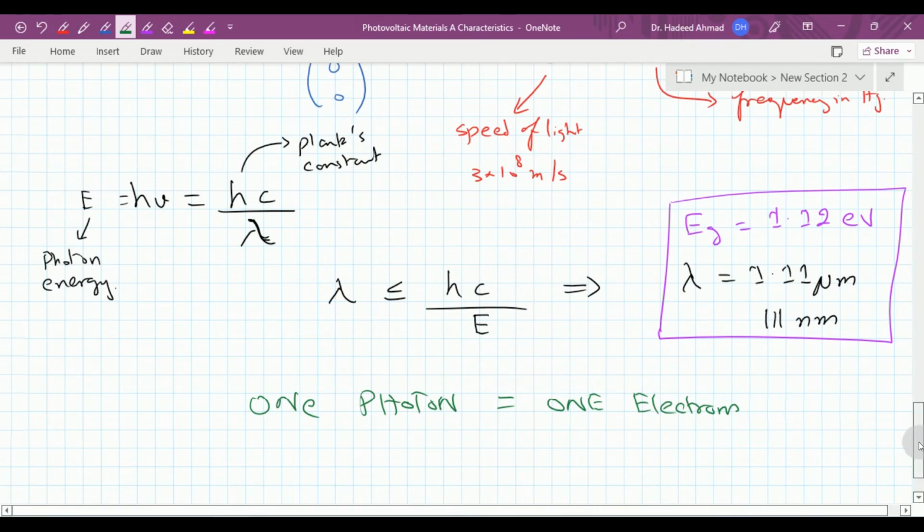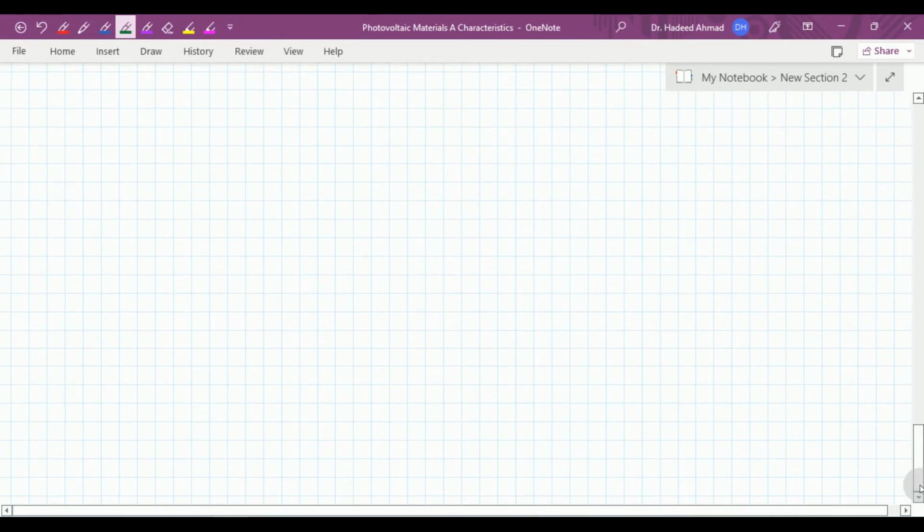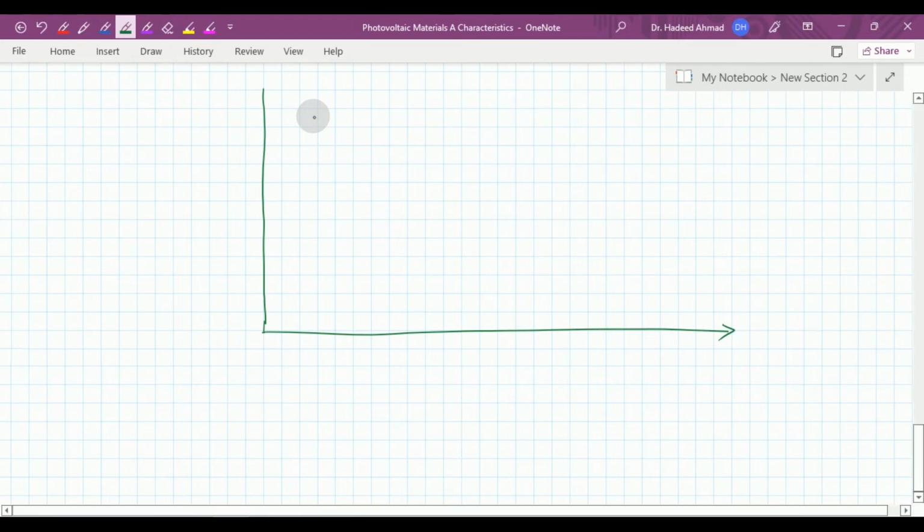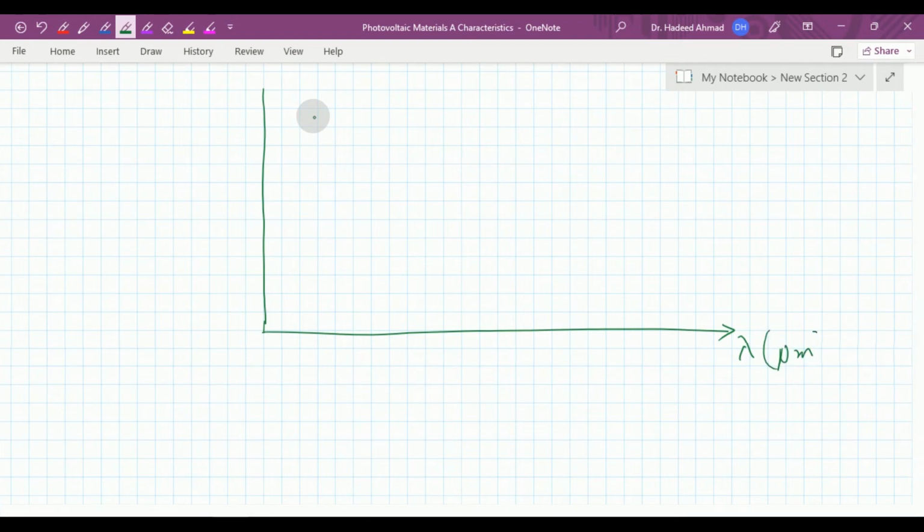So let us draw a graph here. The graph is available in certain textbooks, and on the x-axis it has the wavelength, lambda, in micrometer, and on the y-axis we have the photon energy in eV.